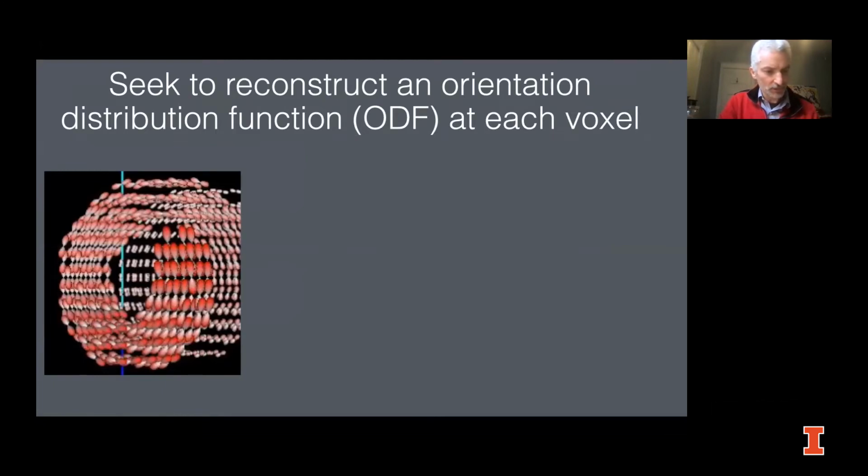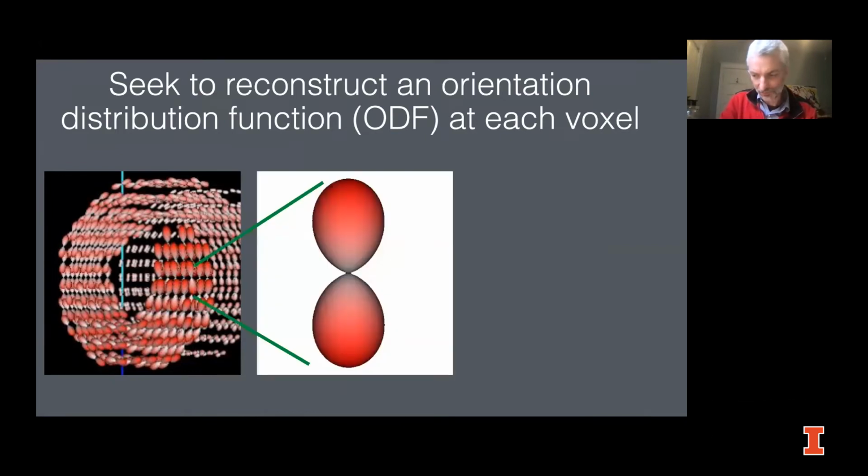The first step was to think about what it is that we're actually trying to reconstruct. What are these images that we're trying to make? We realized our goal was basically, at every location in space, to reconstruct the distribution of dipole orientations. So we need to reconstruct an orientation distribution function at every spatial position.